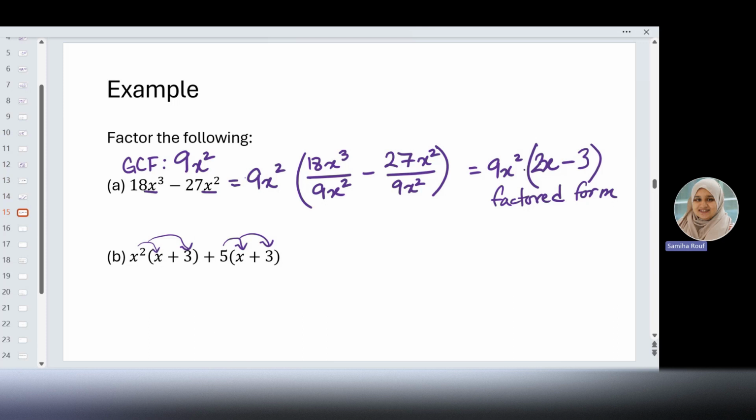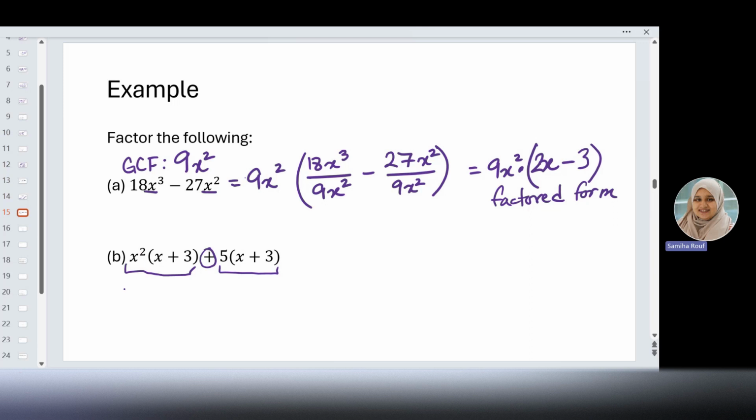So again, going back to the previous example, now we have two different things being multiplied, whereas there we had terms being added. Okay, so we don't want to distribute. What we're going to do is, in terms of this plus sign, this is one expression being added to another expression.